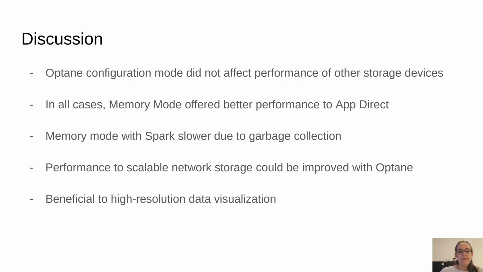So overall, we found that the configuration mode didn't affect the performance of other storage devices. However, this might not necessarily be true in all cases. If significant amounts of memory are being used, more so than the amount of available DRAM, other storage devices will likely start to feel the performance penalties of having a slightly slower storage device such as Optane.